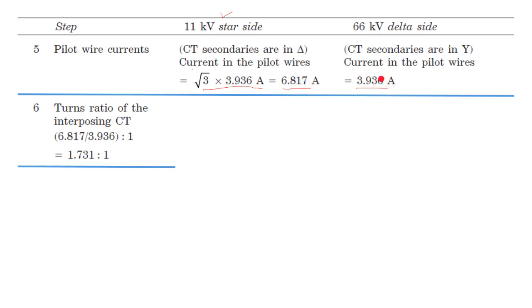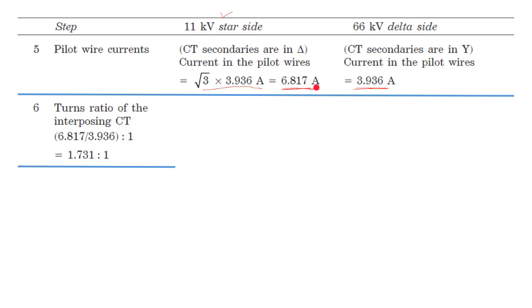So there is a huge mismatch between these two currents in the pilot wire, the one coming from the primary side and the one going into the secondary side. This mismatch is because of the irrational CT ratio we found.